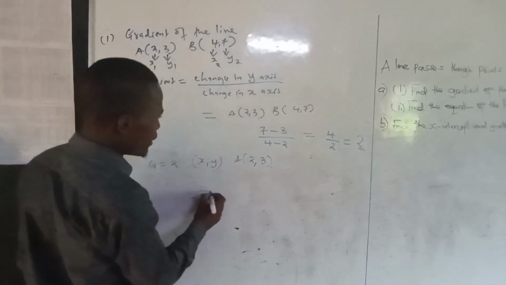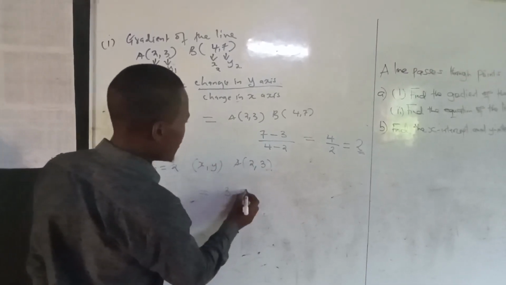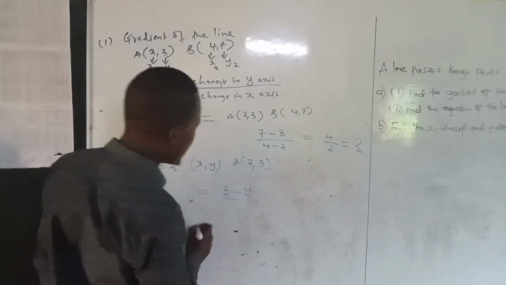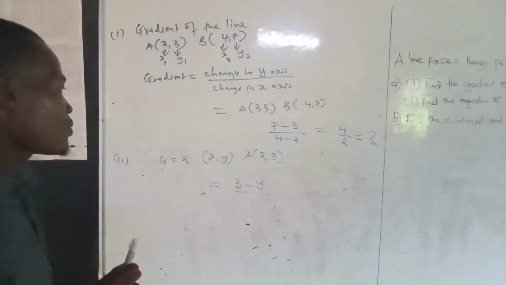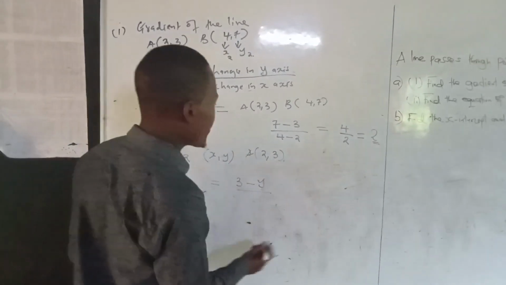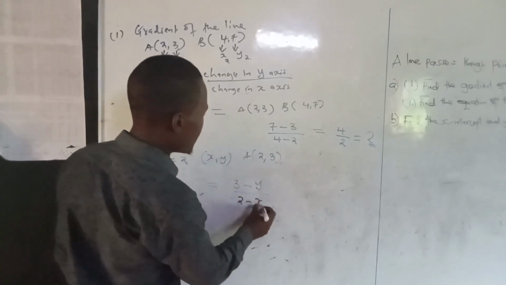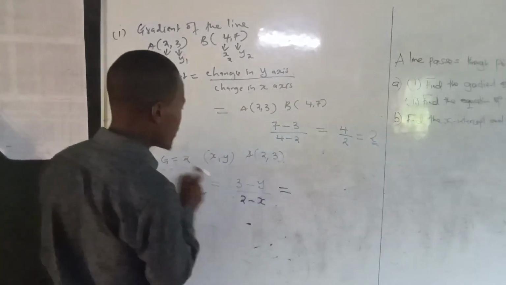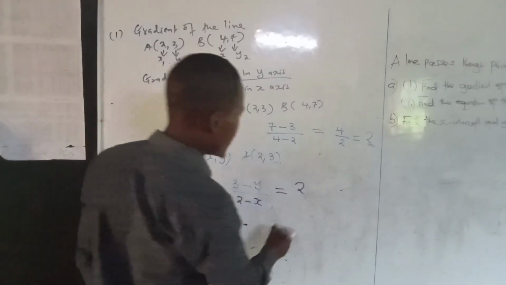So change in y will be 3 minus y, over change in x, which is 2 minus x. This is going to be equated to the gradient that we got in the first question.